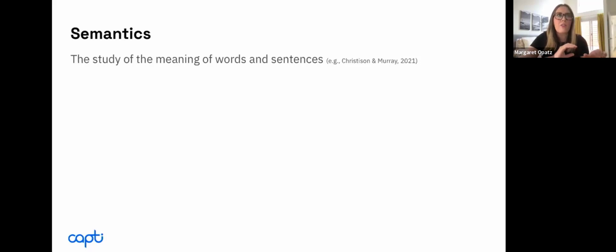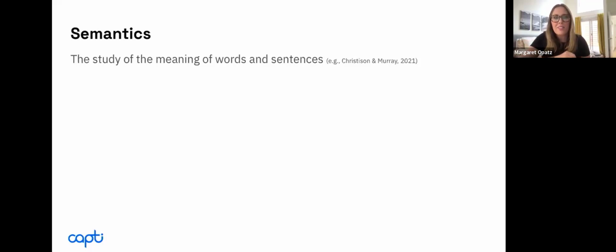So I kind of think of syntax as the what, like we're learning how these words go together. And then semantics kind of says why. Why does it matter if these words are together? What are we really taking away from the sentences and how they are all connected?